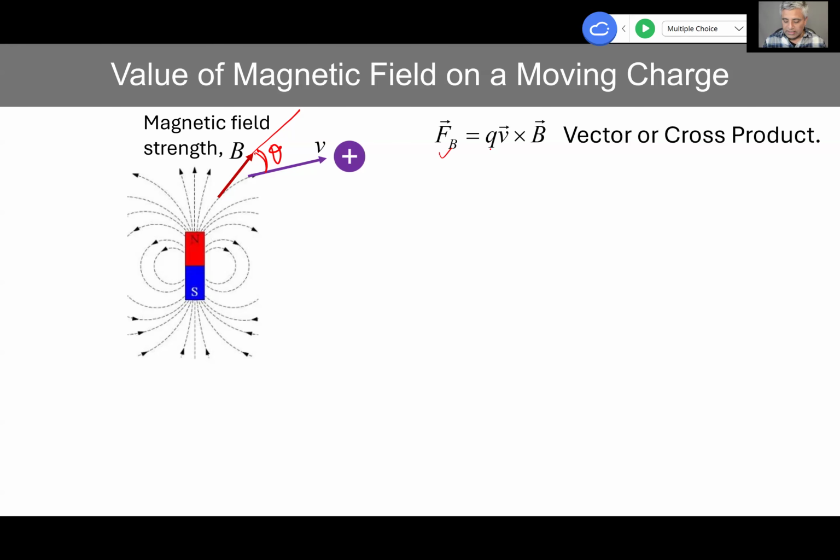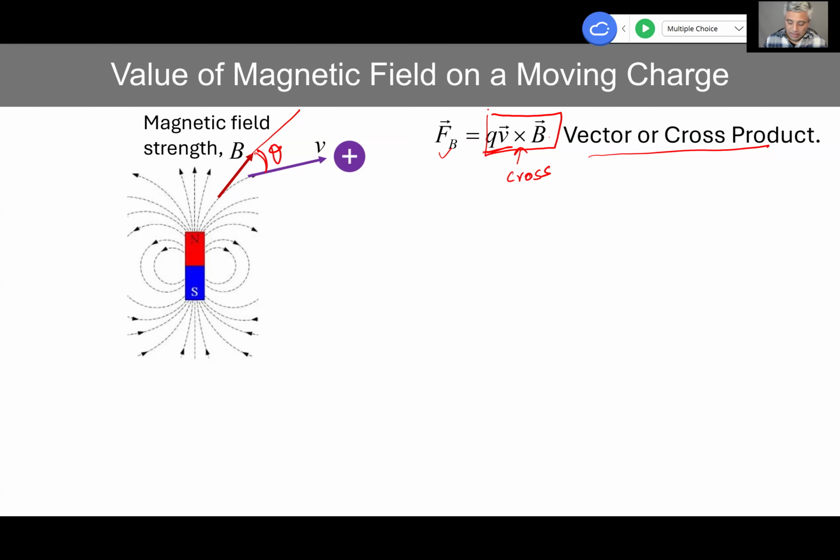So the force is given by the product of this Q, V and B, and this is called cross. We don't read that as a times, cross, and this times B. Okay, this is a cross or vector product. So sometimes you may see it written something like that. That's what exactly that means.